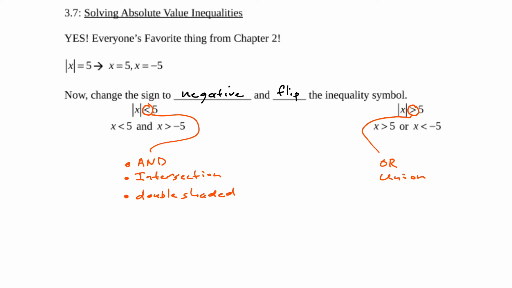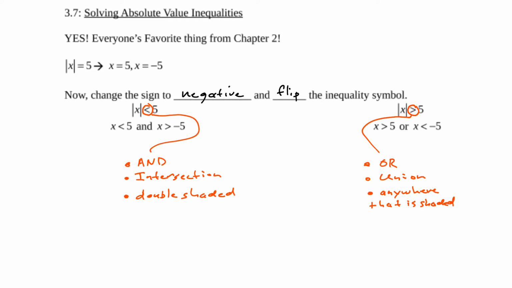And also, do you remember I said that when it was a union or an OR, we're looking on the number line for anywhere that is shaded. So those are very important points for this section.